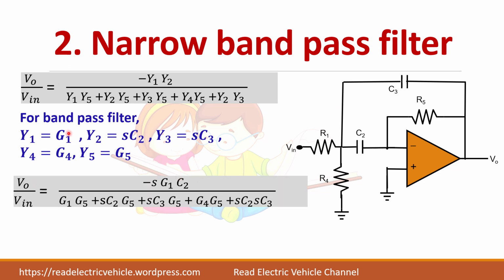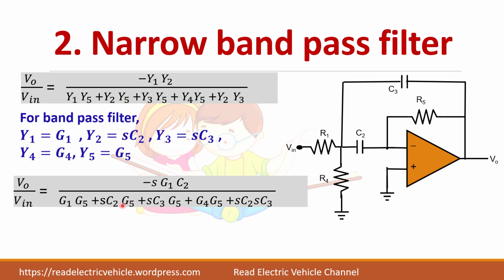So now if you substitute all these things here, it becomes minus S into G1 divided by Y1, Y5. Y2 is SC2, so S into C2, and so on: G1, G5, Y2, Y5. So Y2 is SC2 into G5.